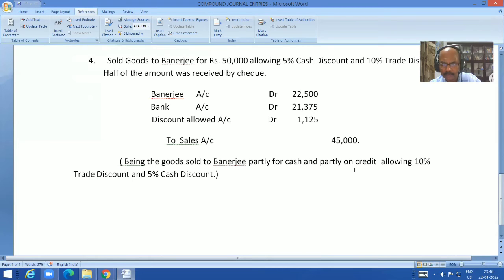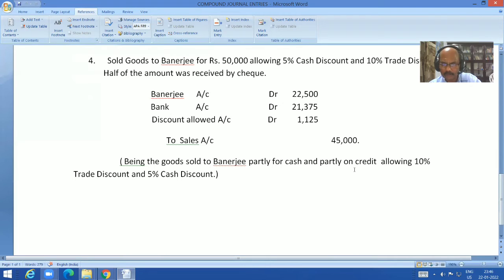Balance 22,500, that is 45,000 minus 22,500, there is another 22,500 that's being settled across the table. In that one, he is entitled to a discount to the extent of 5%. That I am suffering under discount allowed account, and the amount happens to be 1,125. The balance amount, of course, 21,375, has been received by the bank.